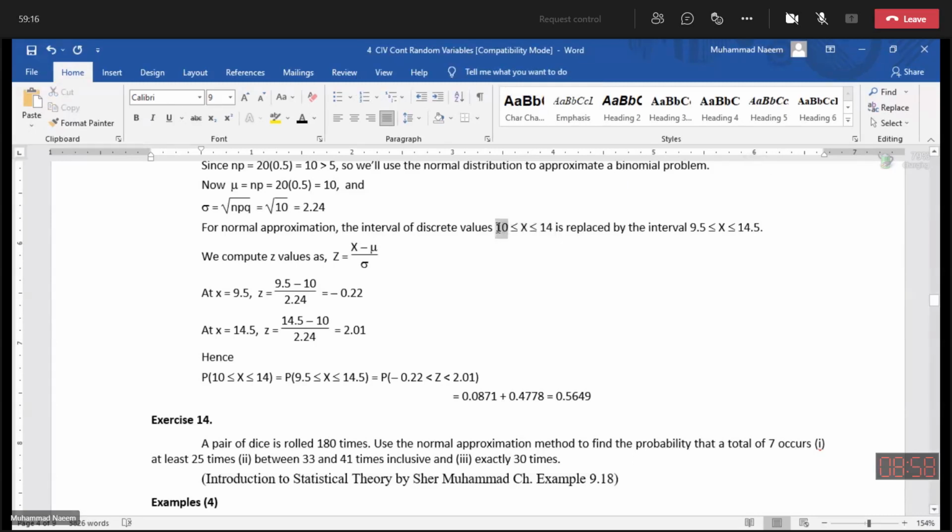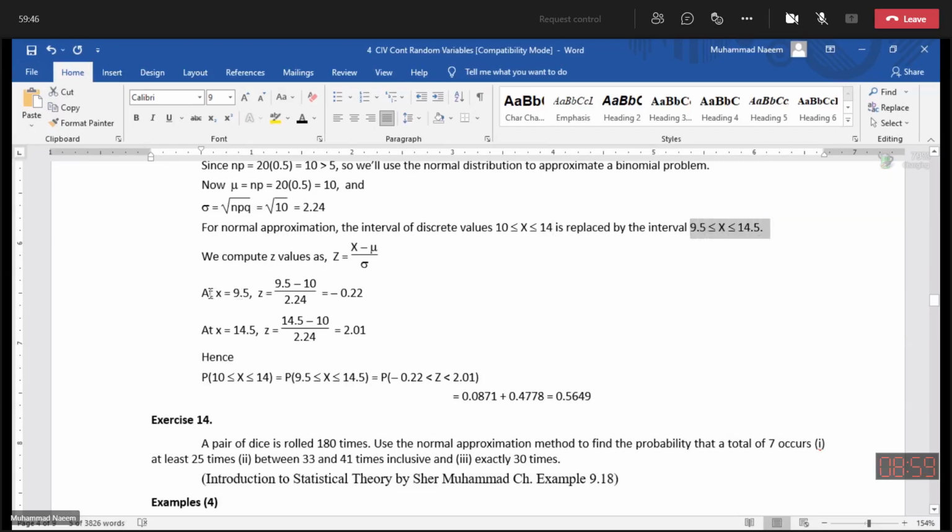If we go 0.5 on the left of 10, we will stop at 9.5. If we move from 14 rightward with the step of 0.5, we will be at 14.5. So we will use 9.5 and 14.5 for the calculation of the probability.